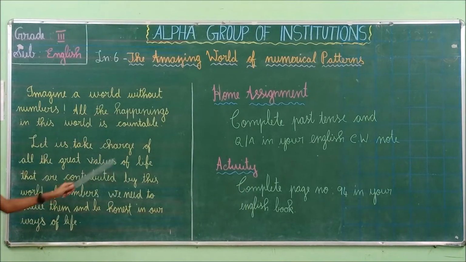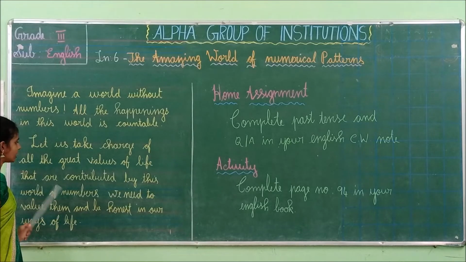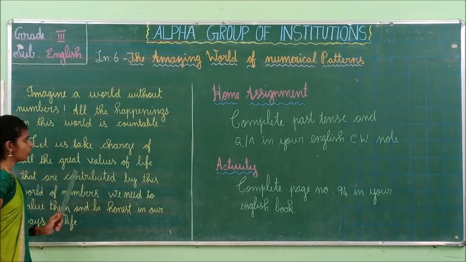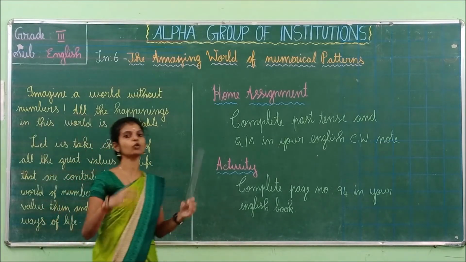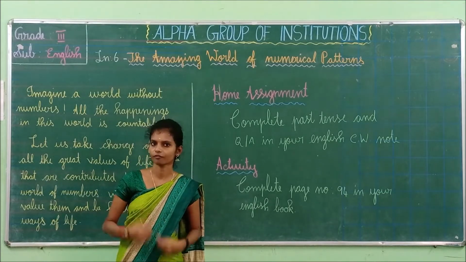Let us take charge of all the great values of life that are contributed by this world of numbers. We need to value them and be honest in our ways of life. So we need to value the number system that the world contributed for us.